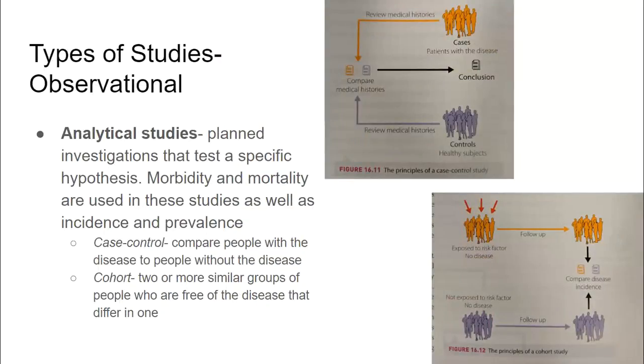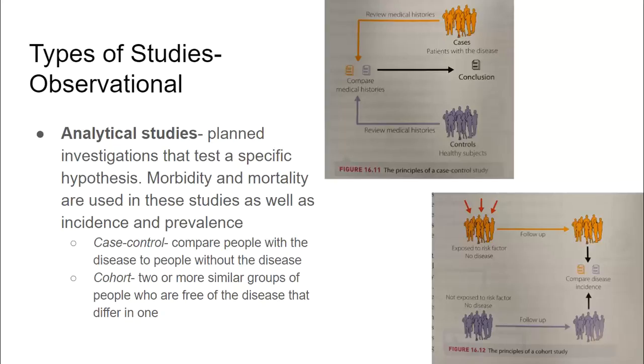Analytical studies are planned investigations that test a specific hypothesis. Morbidity and mortality are used in these studies, as well as incidence and prevalence. We can have case-controlled studies or cohort-controlled studies. When we talk about case control, it's where we compare people with the disease to people without the disease and therefore make a conclusion.